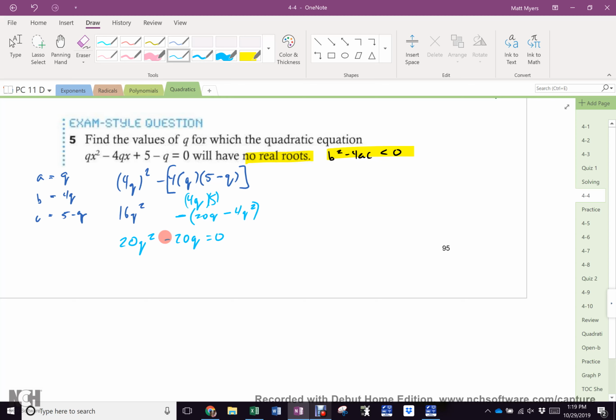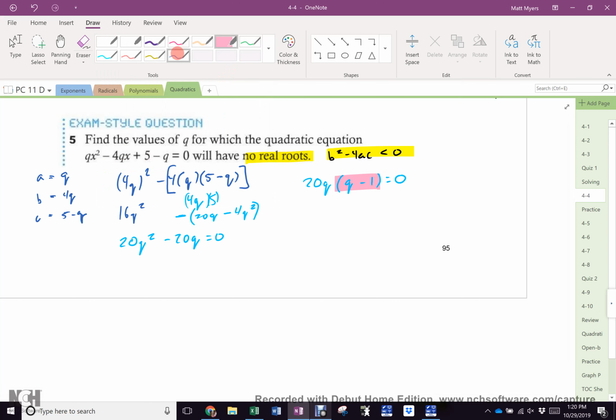I know. Obviously, you're going to factor this. What's coming out? 20Q. And what's going to stay in there? Q minus 1, correct? Everybody good? Now, all of you are very good at this part.